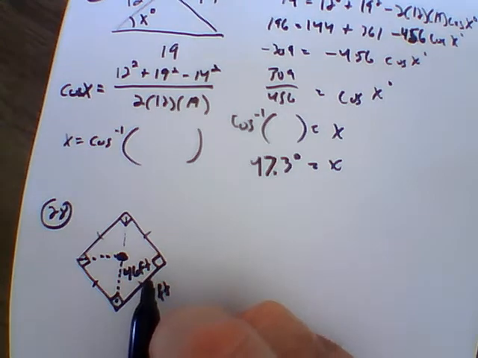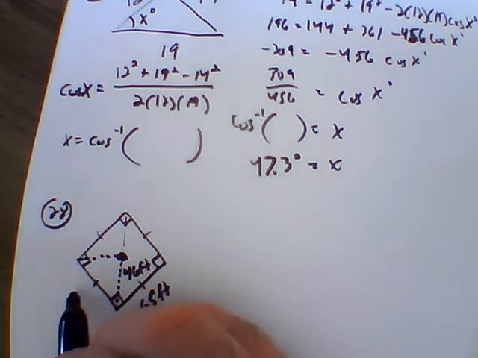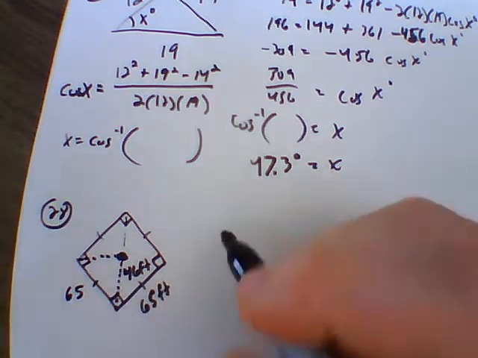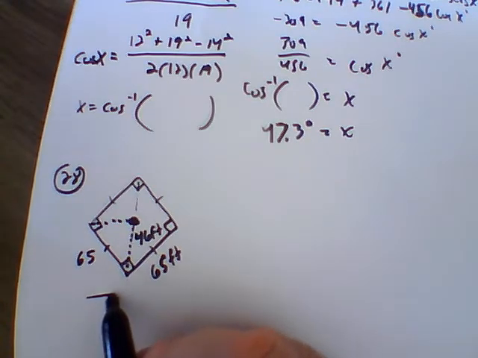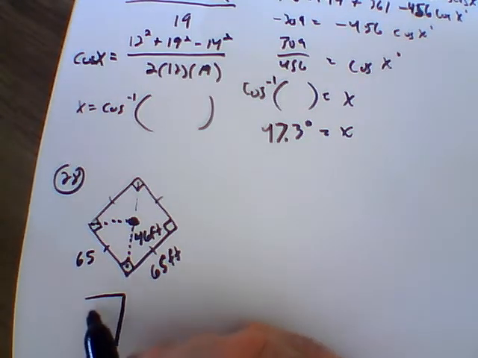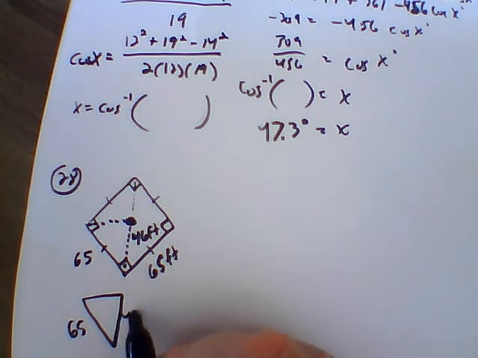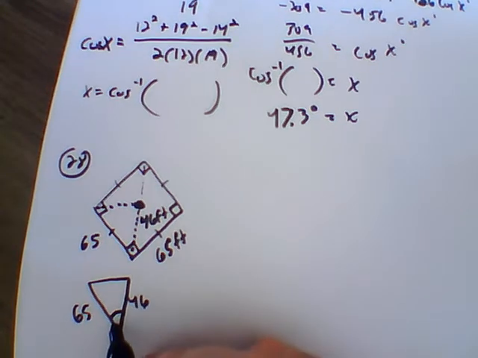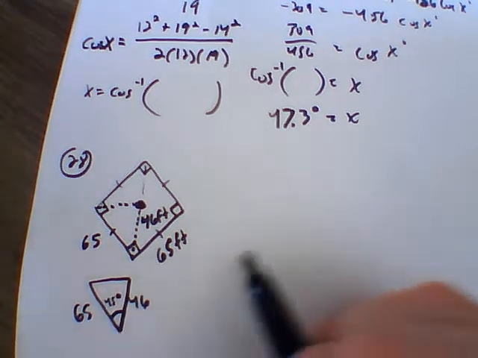Well, we know this is 65 feet over here. So if I come down here and look, I have 65 right here, this is 46, and we know this angle right here is 45 degrees.